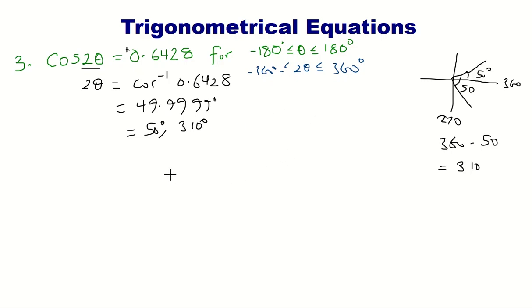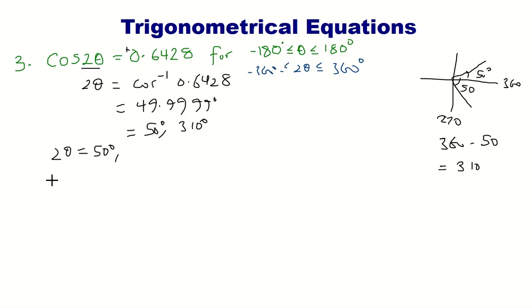So the other values, because the period is 360, we said go on adding 360. So when theta is 50, let's find the series of values here. Oh, this was 2 theta, not theta. We are still looking for 2 theta.